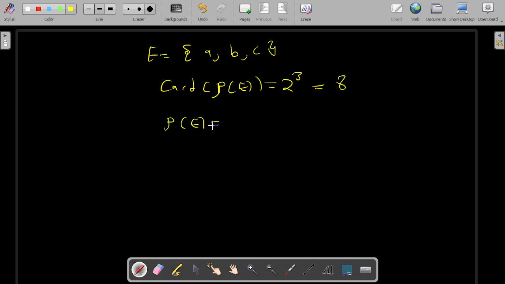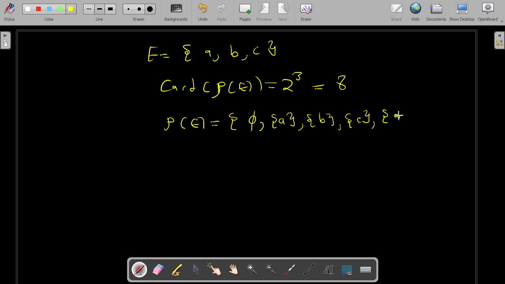The power set of E is going to be, first of all, you write your empty set, and then you write the singleton sets. Because we have 3 elements, we are going to have 3 singleton sets. So you have the singleton A, the singleton B, the singleton C, and then you formulate sets with 2 elements.